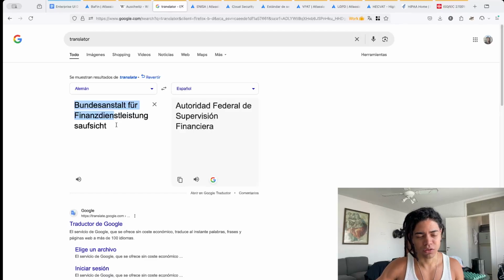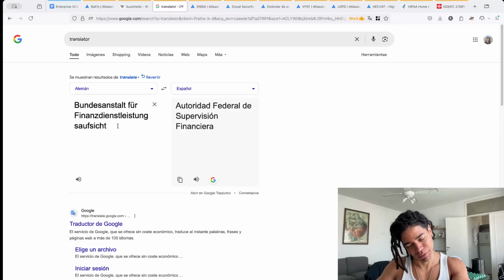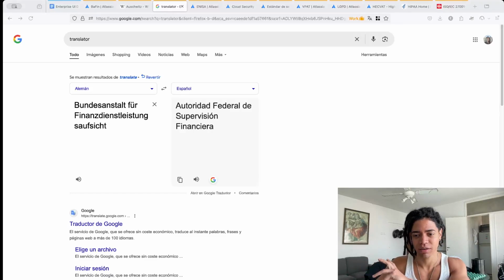That's quite interesting. I know this is not a German class. I know that I may take a huge tangent here. That's not quite relevant. But the thing here is to understand where this came from. Bundesanstalt für Finanzdienstleistungsaufsicht.